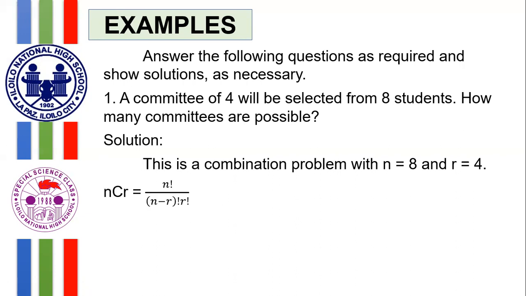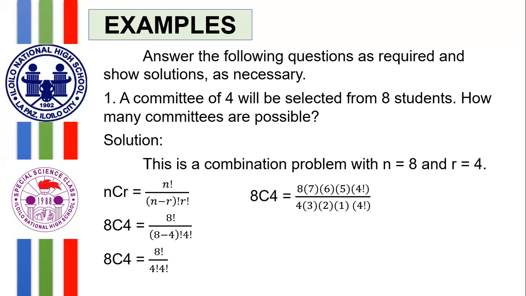So by substitution, this becomes 8C4 equals 8 factorial all over 8 minus 4 quantity factorial 4 factorial. And the expression in parentheses simplifies to 4 factorial. So we have 8 factorial all over the product of 4 factorial, 4 factorial.